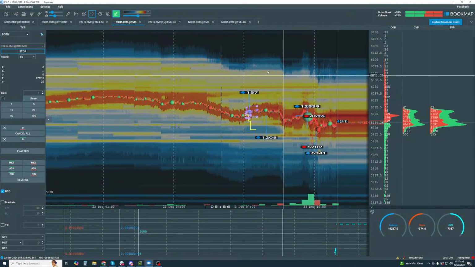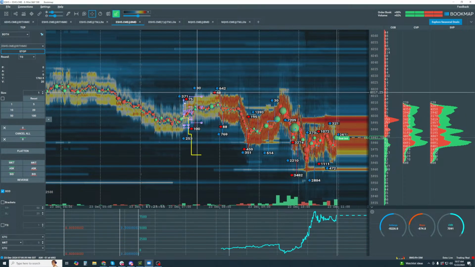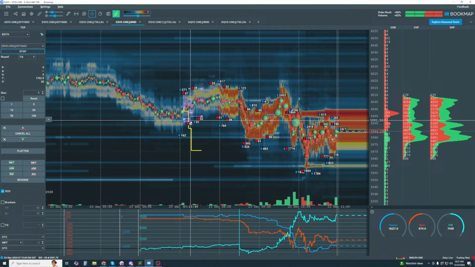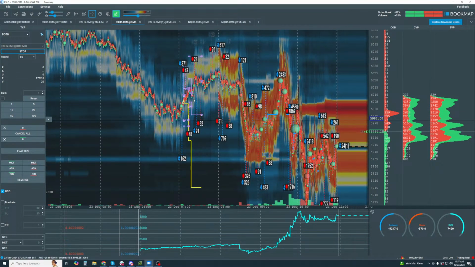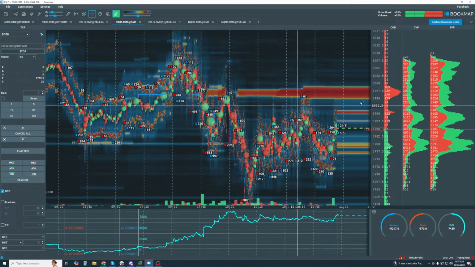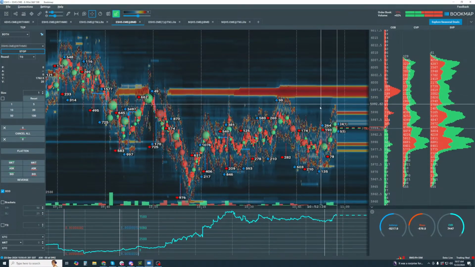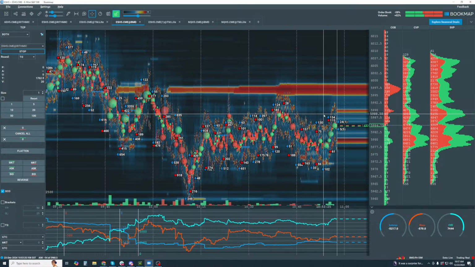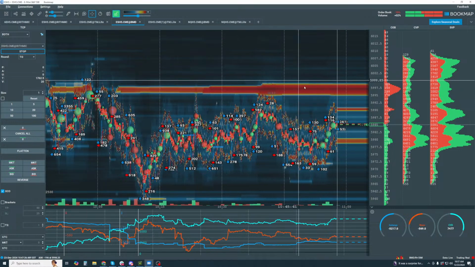I took some positions earlier in here in the ES, based off the same things that we've been looking at in terms of supply and demand. And we have stops and icebergs here as well.